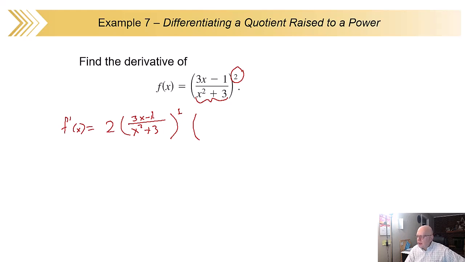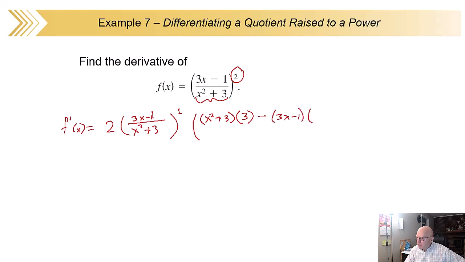So, how do we do that? Well, x squared plus 3, the denominator first. The derivative of the top, which is 3. And remember, this is the quotient rule, so it's a minus here. Then we'll swap roles. We have the 3x minus 1.